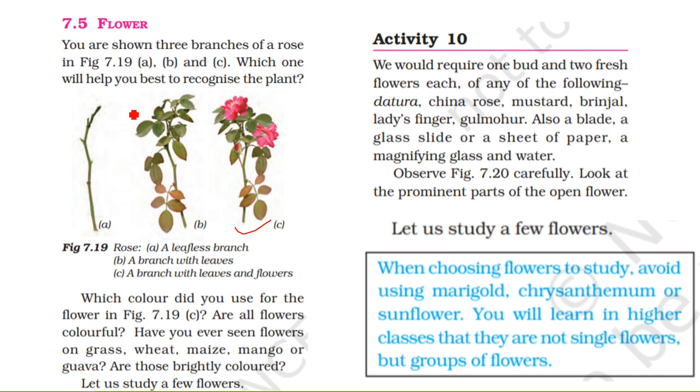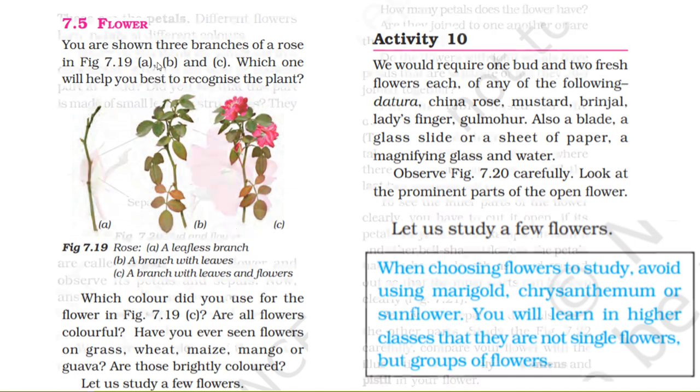In activity 10 we would require one bud or two fresh flowers each of any of the following: datura, china rose, that is hibiscus, mustard, brinjal, lady's finger, gulmohar. Any of the flowers we can take. We need a blade or a glass slide, or we can also take a sheet of paper. We need a magnifying glass or water.